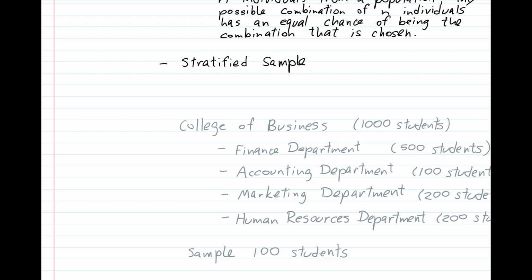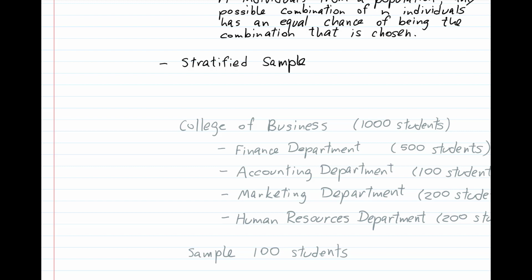But you might feel that that would not accurately reflect the College of Business because half of the college is finance. So if you end up with 50 accounting students and 50 marketing students, then you might feel that that is ignoring an entire half of the college.